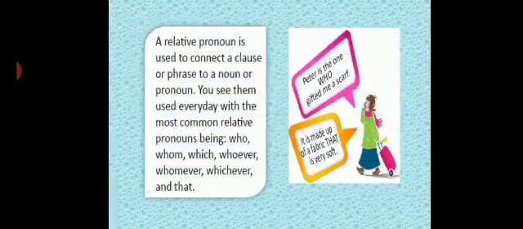Here is an example. We had already discussed it in the last class. Peter is the one who gifted me a scarf. I told you, this who in this particular sentence refers to Peter. Correct?